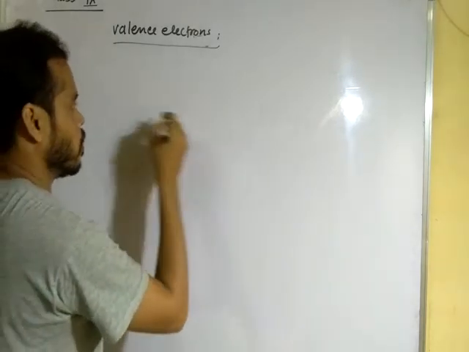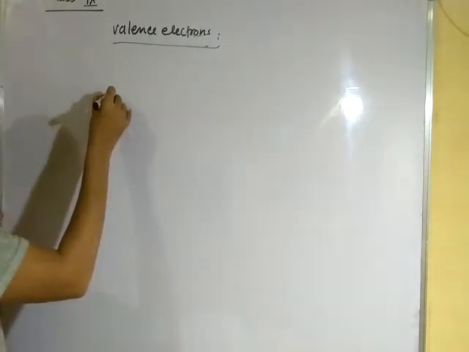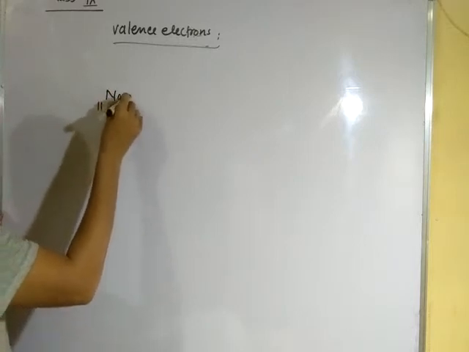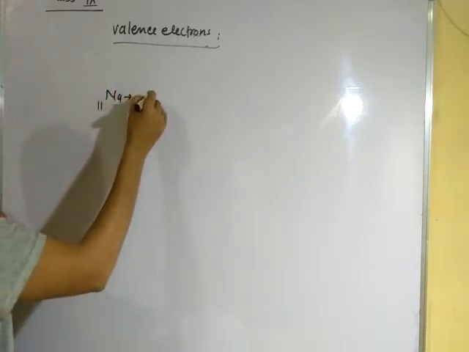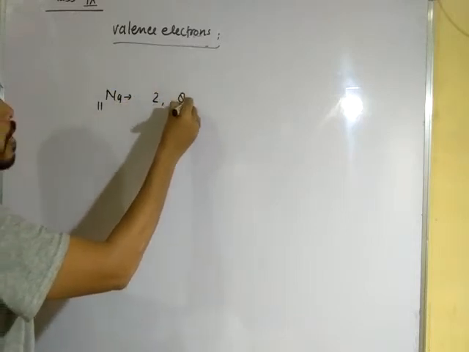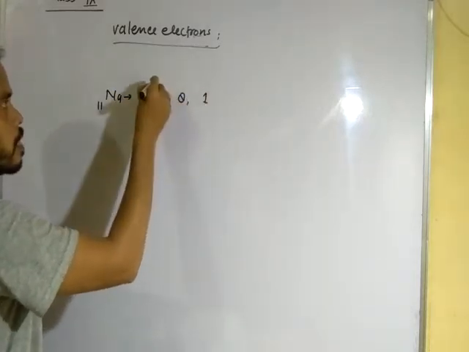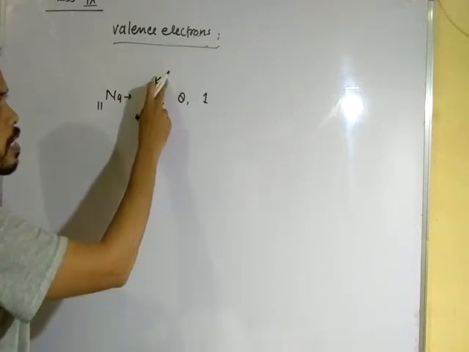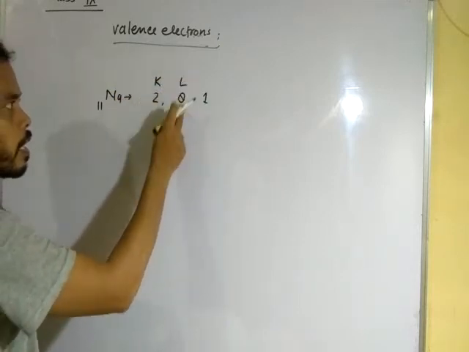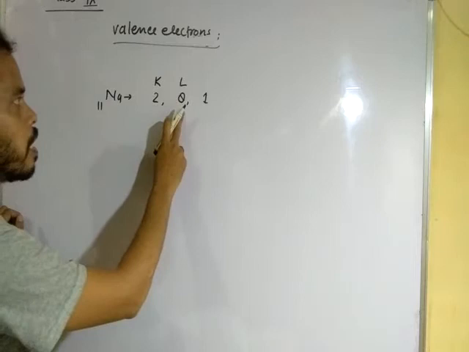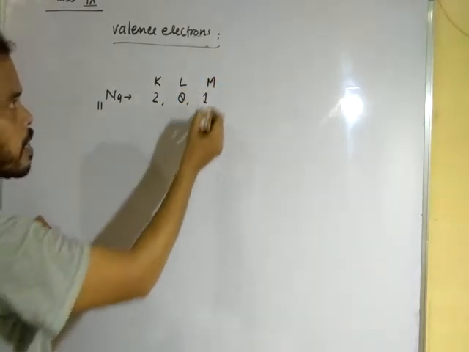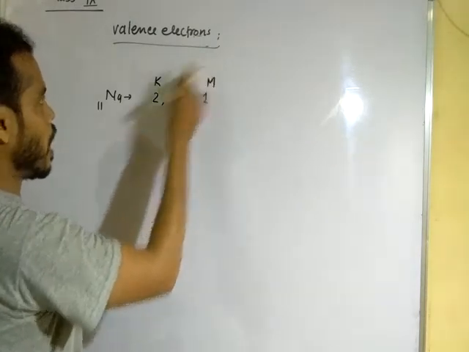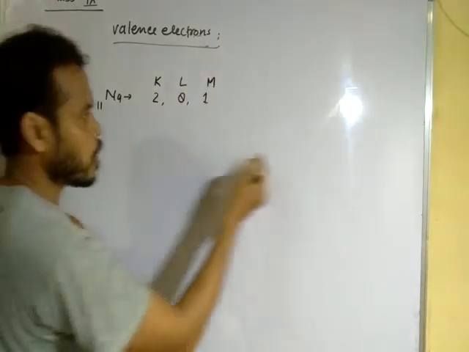Suppose the electronic configuration according to the Bohr-Bury scheme is 2, 8 and 1. 2 electrons are present in K shell, 8 electrons in L shell, and 1 electron in M shell. That means M shell is the outermost shell of the sodium atom.